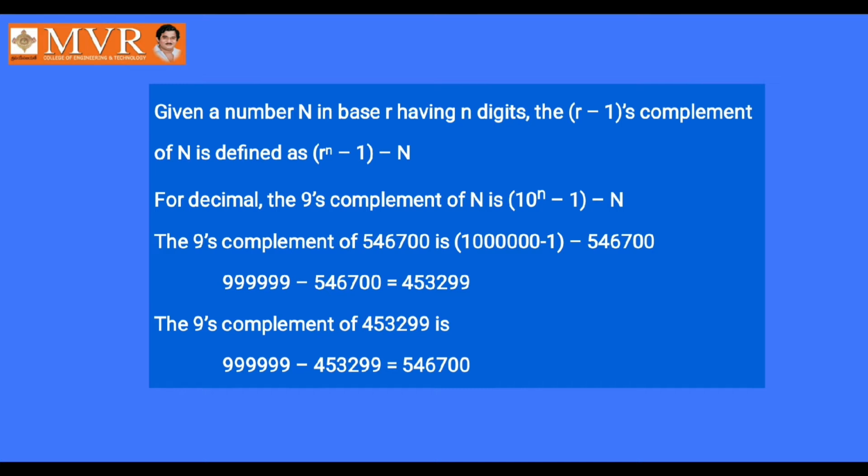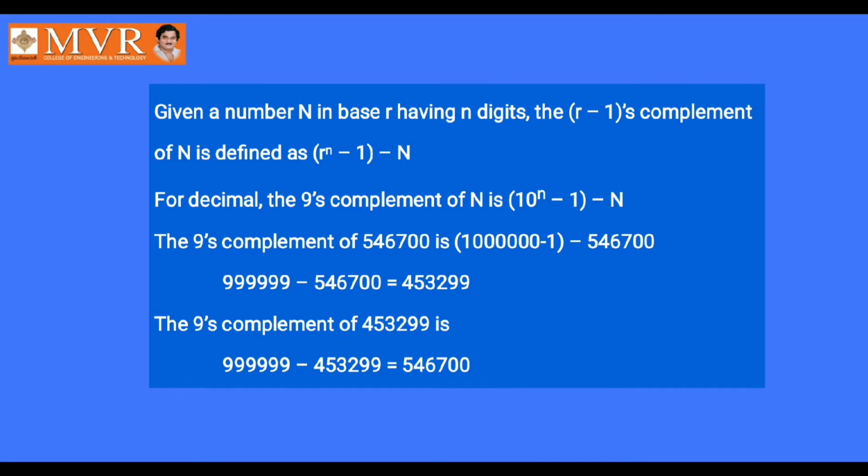If you substitute this in the above formula, the base or radix value is 10, so 10 power n. What is n? How many digits are there? 6 digits are there. So 10 power 6, minus 1, as in the above formula we have minus 1 minus the original number.